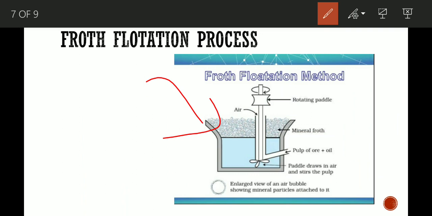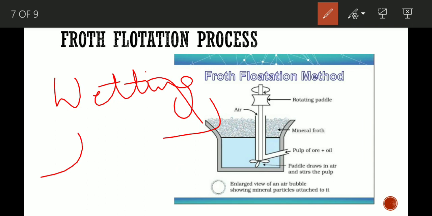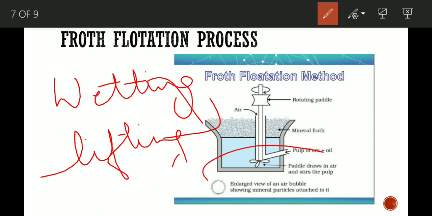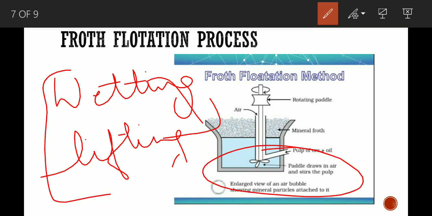So two steps are important: wetting of sulfide ore first, and then lifting of sulfide ore to the surface. Now it is washed with water to collect the ore.